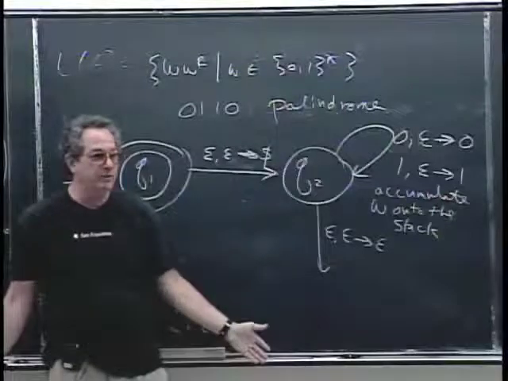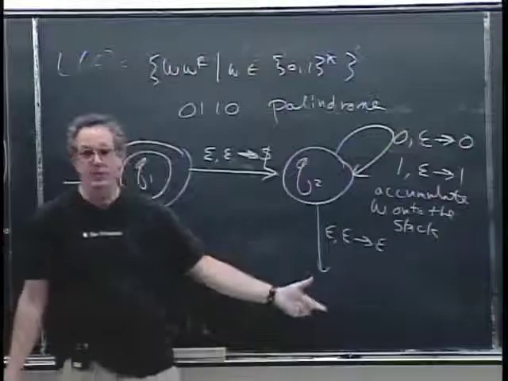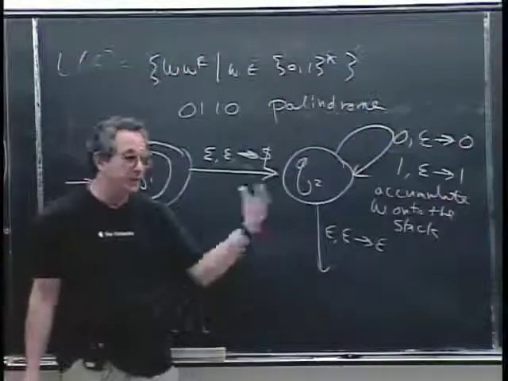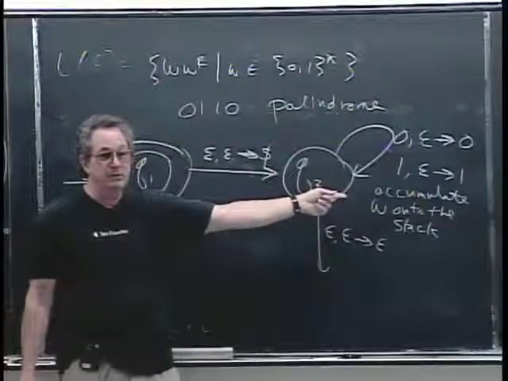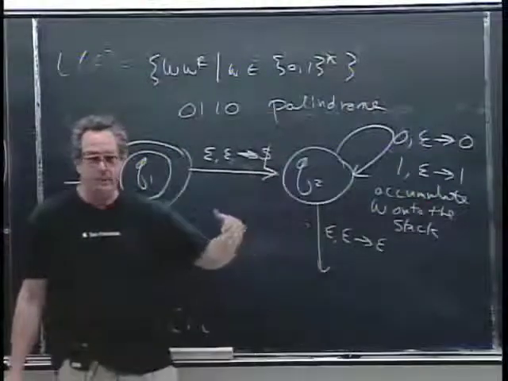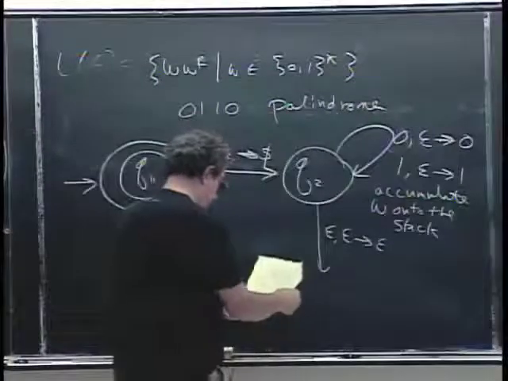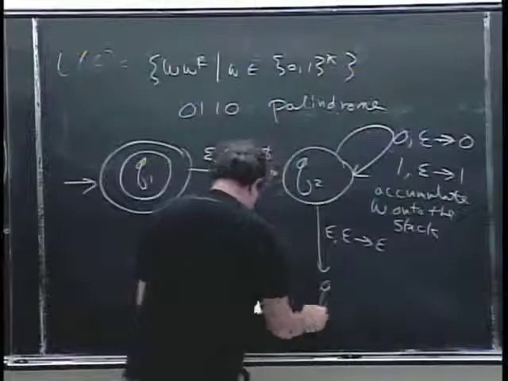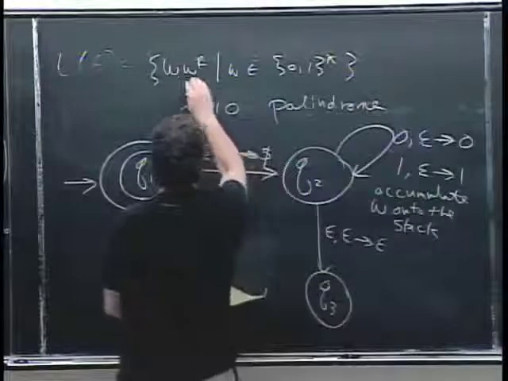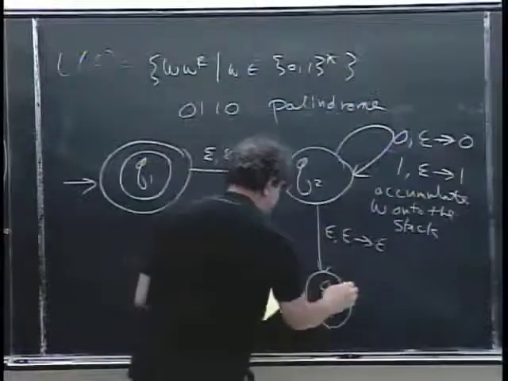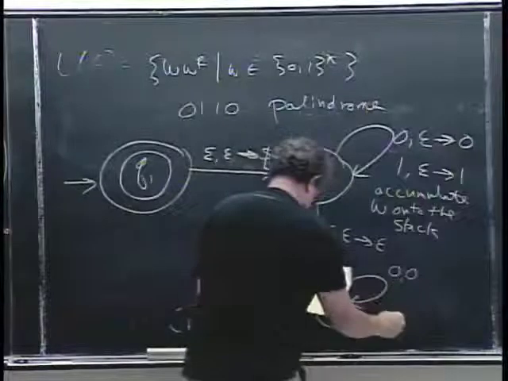But that's the power of non-determinism: one of the computations will decide, yeah, now it's time to go from W to W reverse, and another one of the computations will stay here, accumulating more characters, guessing that, no, the W part of the string is actually longer. We're going to make all possible guesses, and one of them will be right. So if the input string really is WW reverse, one of those guesses will be correct. And that's the power of non-determinism versus determinism.